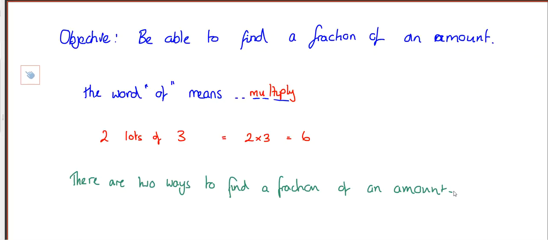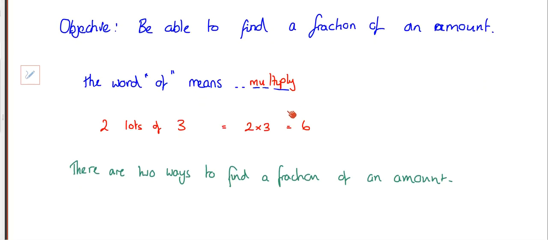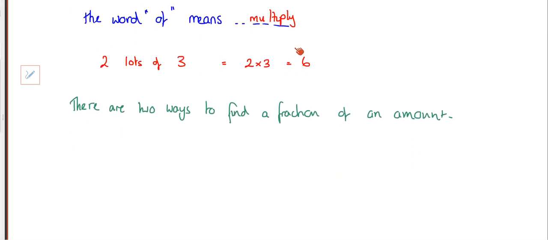You've written the top line, haven't you? Okay. So if I said to you, find 2/3 of $27, for instance. Two ways to do it.